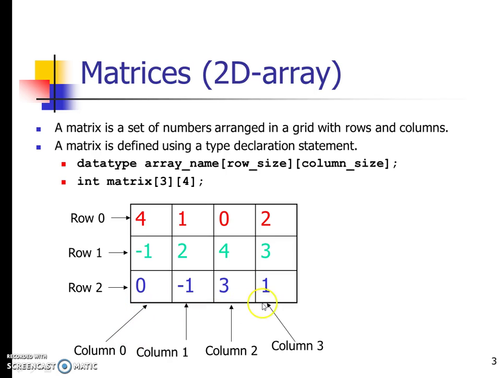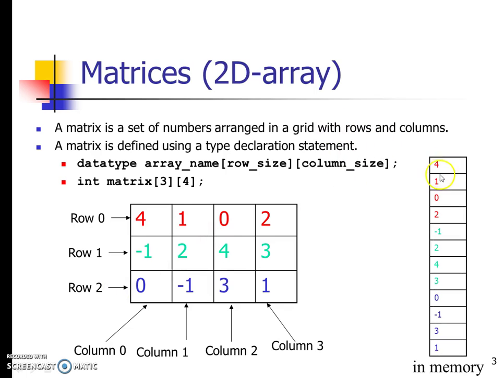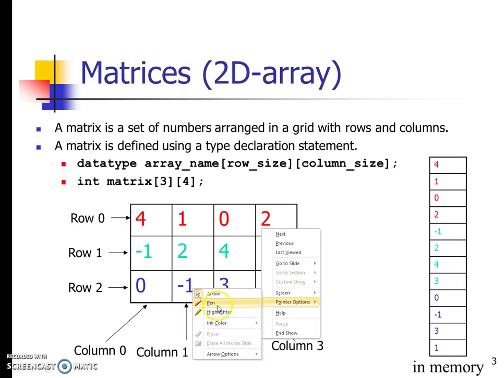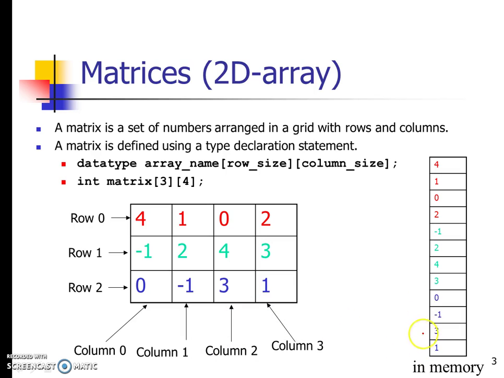So we have 4 columns and 3 rows. In the memory we can store this data in this form: the first 4 elements specify the first row, the next 4 elements specify the second row, and the next 4 elements specify the third row.